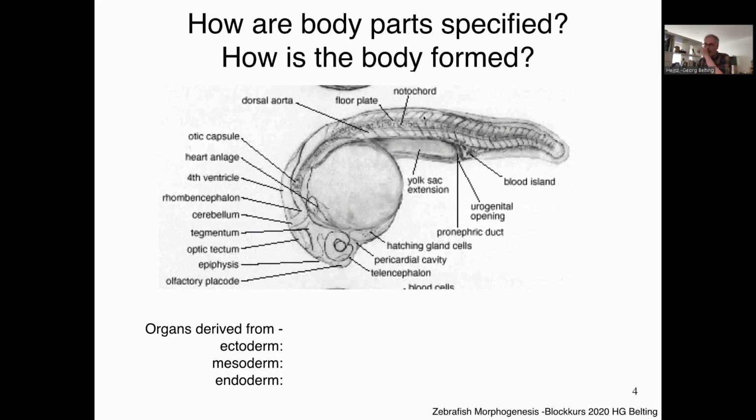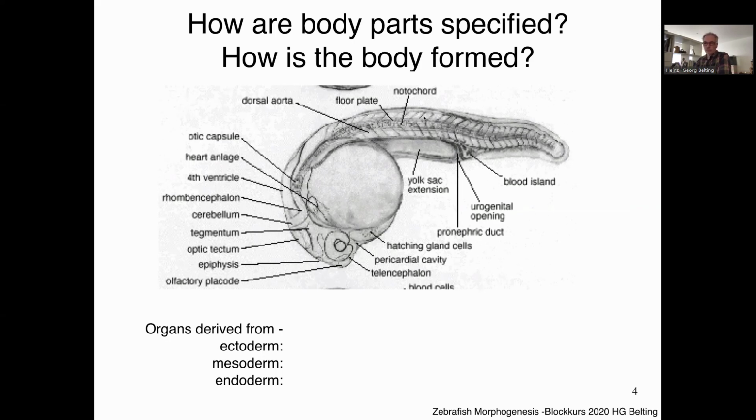So how actually does what we observe, how is that connected with the formation of the different organs? So we not just look at things now anymore, but we try to understand also some molecular mechanism and how molecules and cell behaviors are integrated into this big plan of generating a vertebrate embryo.